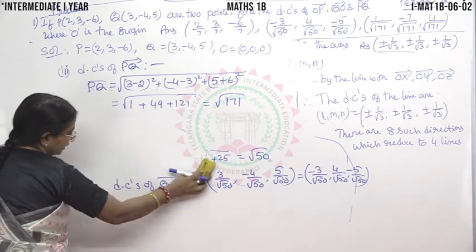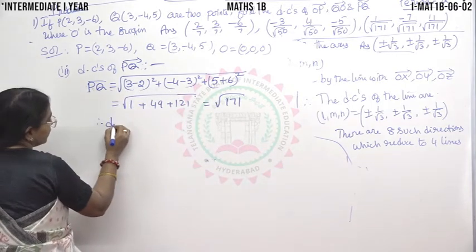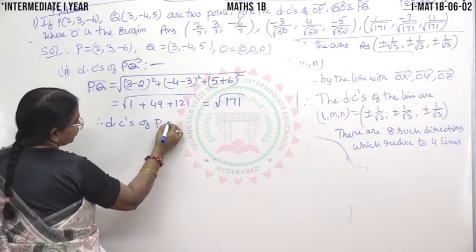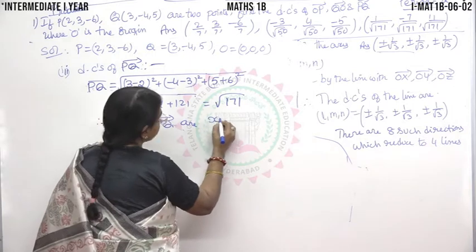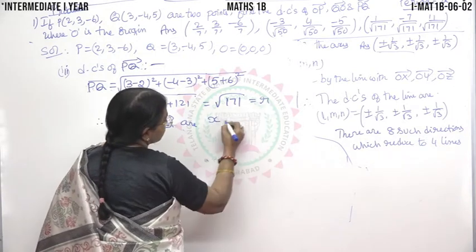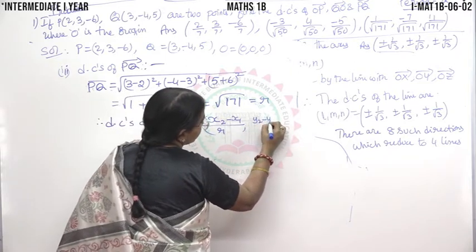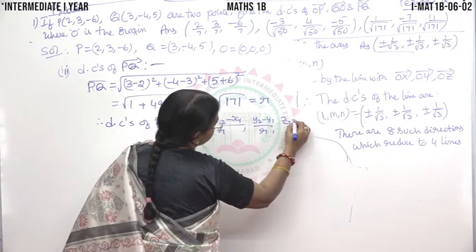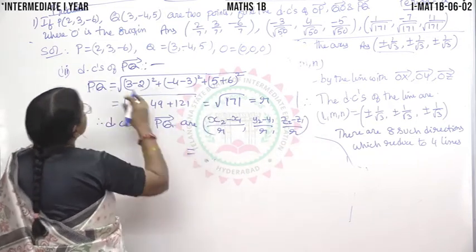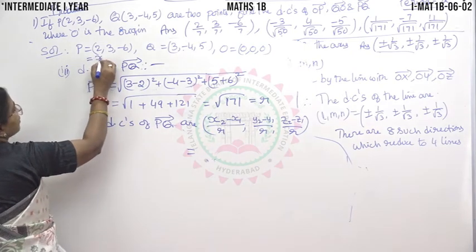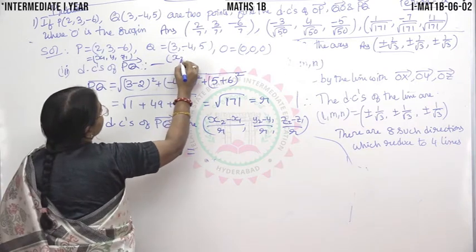So now the DCs of PQ are x2 minus x1 by R, y2 minus y1 by R, and z2 minus z1 by R, where P is x1, y1, z1 and Q is x2, y2, z2.